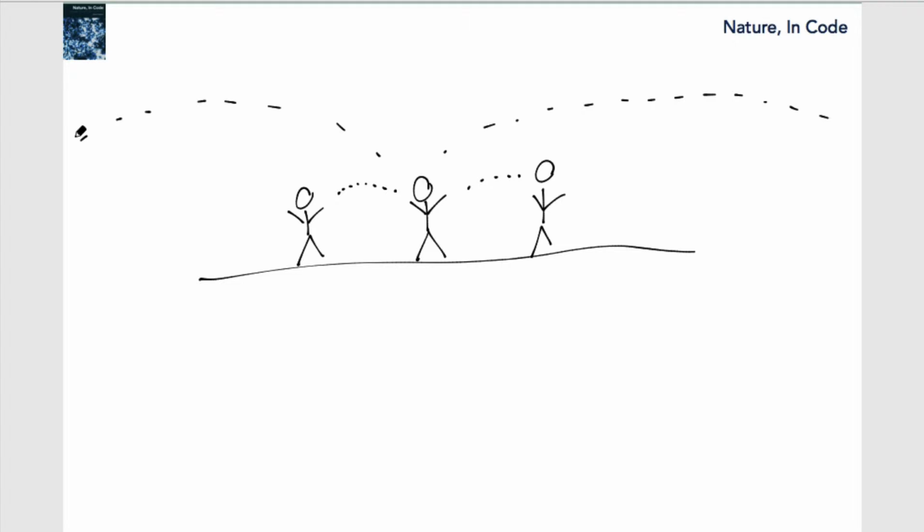And for most species, that has a very simple reason, and that is dispersal. You can only travel so far as an individual of a species in your lifetime.